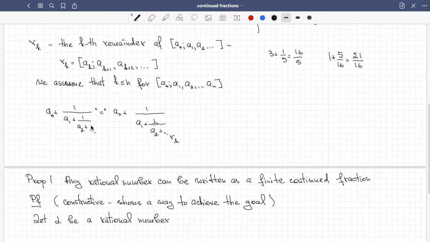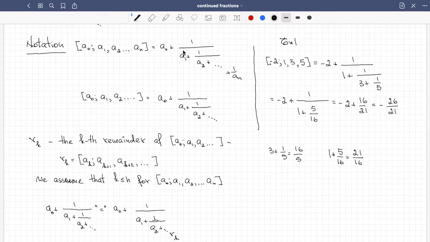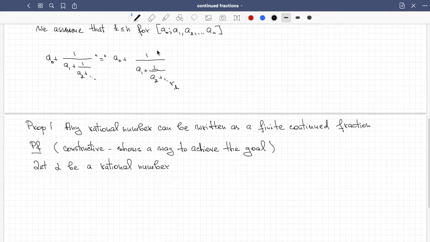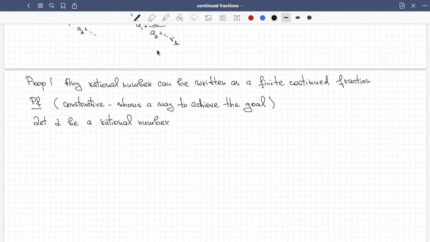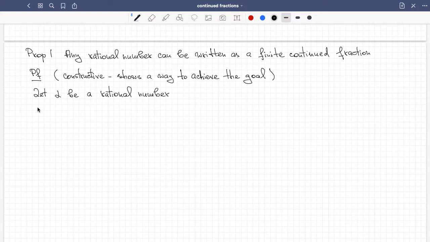So the a0 of our presumed continued fraction should be the integer part of our rational number. So we'll set a0 to be the integer part of alpha.